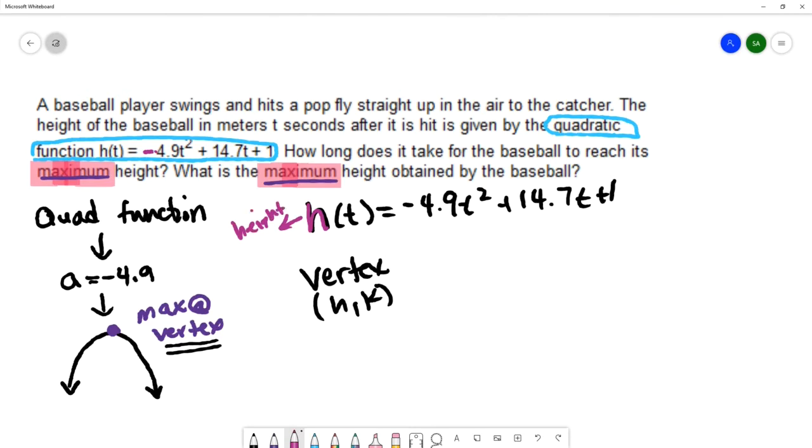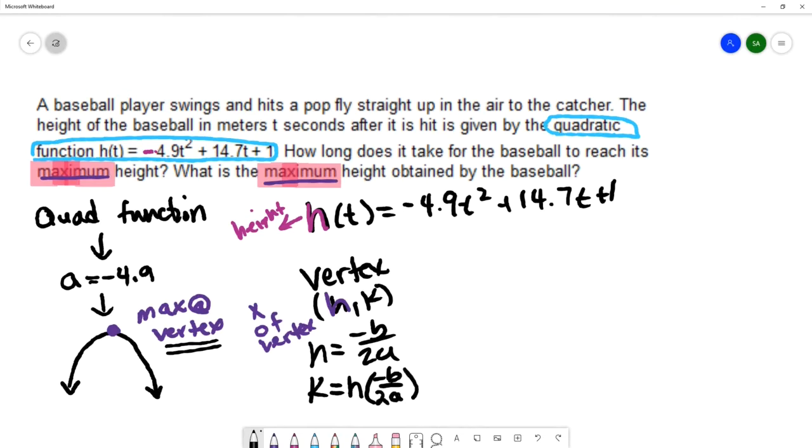And the h that we're using right here is representing the x-coordinate of the vertex. So the formula for h is negative b over 2a. And then we're going to find the k part by substituting that into our height function. So this h is the h of the vertex, this h is the height of the function.